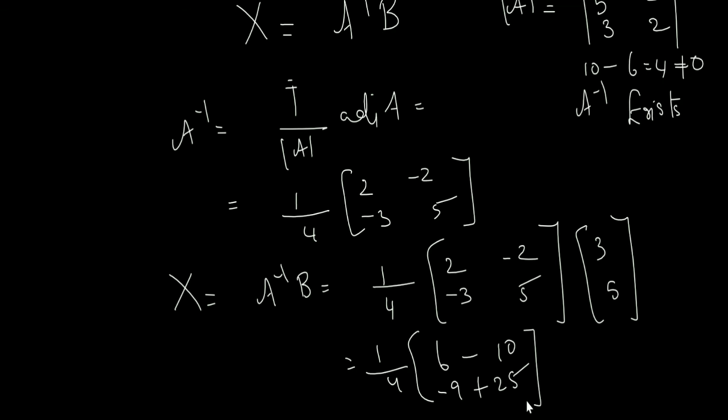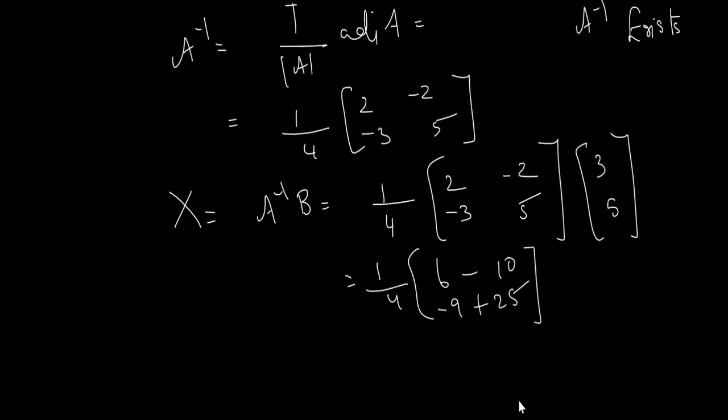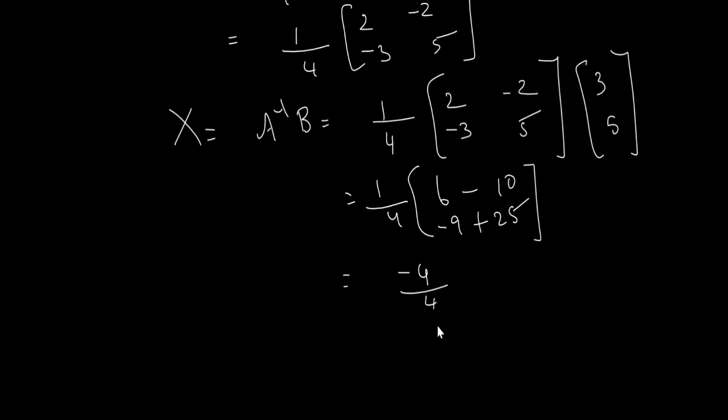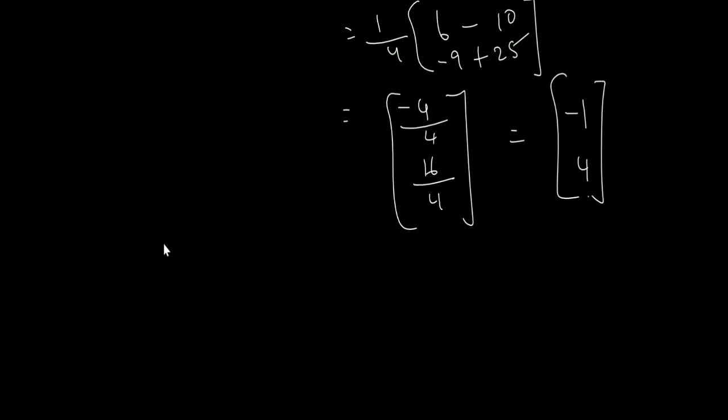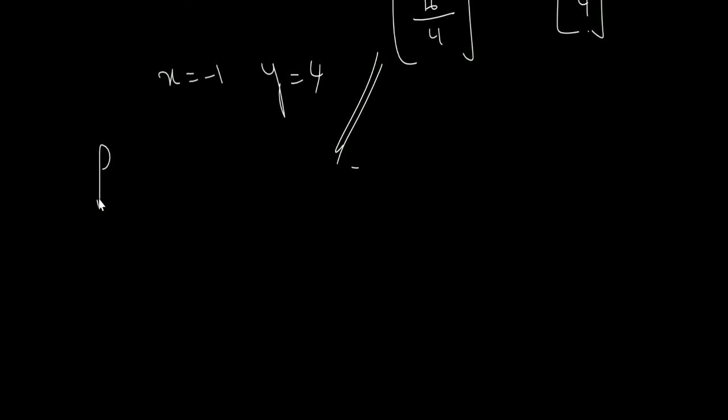So it is equal to minus 4 by 4 and 16 by 4. That is equal to minus 1 and 4. So the solution is X is equal to minus 1 and Y is equal to 4. Revise exercise 1.3 and 1.4.